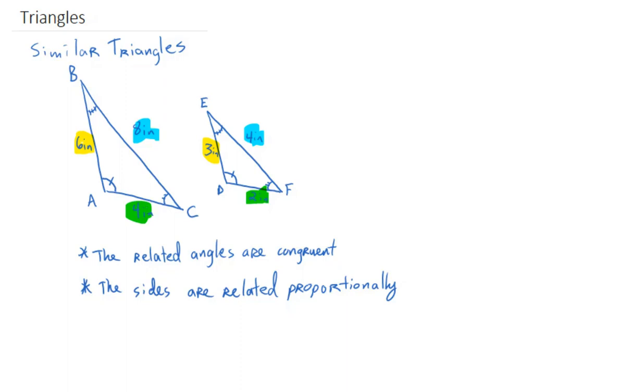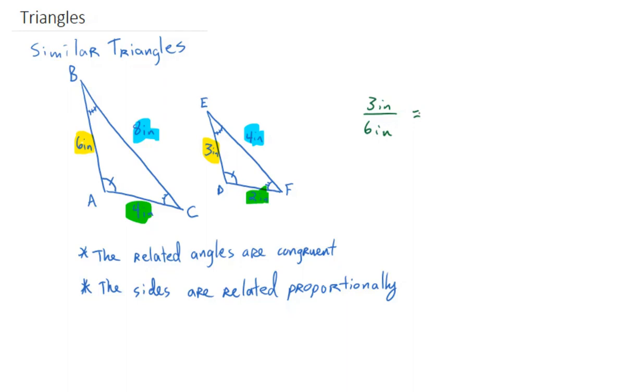A way to express this is to set up a ratio between the different sides. Let me write it out over here to the side. So let's do DE first. That would be 3 inches over 6 inches. Those are my yellow ones. That fraction reduces to a half, and that's where I'm getting that the ratio of the similarity is a half.